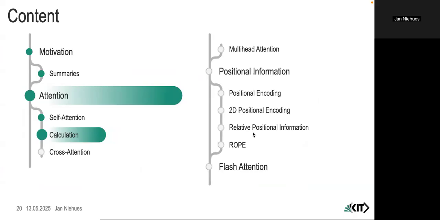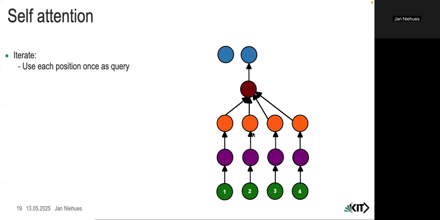Yes? What is the difference between the key and the value there? We kind of compute the value from the key in that case, but how does it differ? You just do a different type of transformation from that. And the idea is that maybe other things of your input are important to decide whether you want to use it for comparison, to decide for which elements this is important, compared to what information you want to put in.